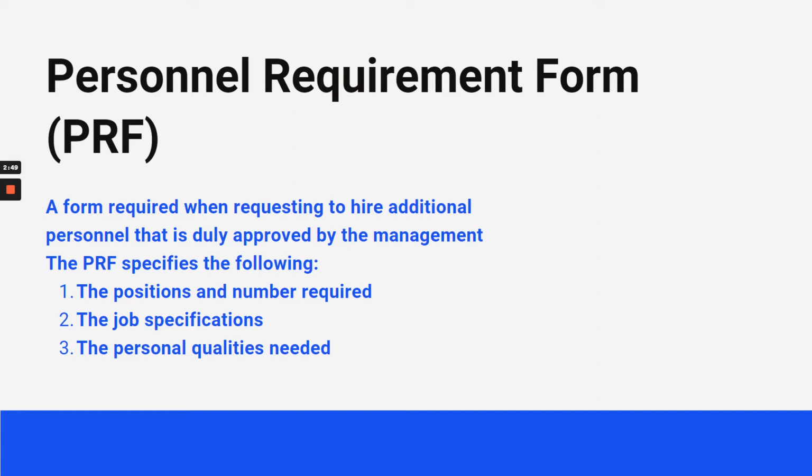So you should put here what is needed, their personal qualities, like whether they are willing to do overtime, whether they should be friendly, and so on. Those are the things that you need to put in the form if you are the requisitioning party.